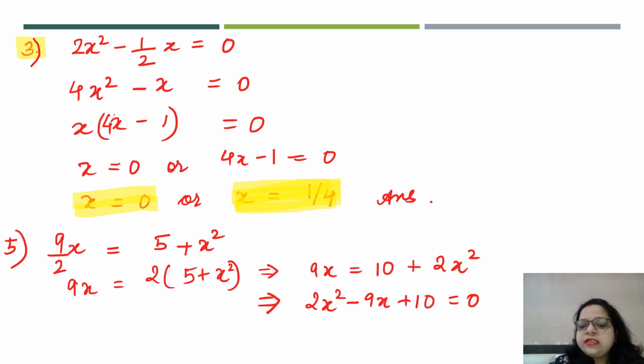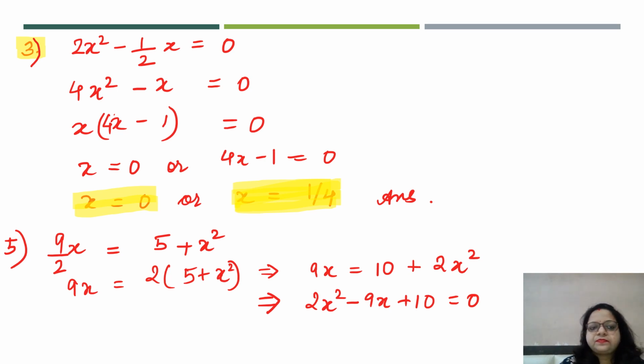Now we will bring all the terms to the left hand side. However, we will change the negative terms into positive. So we will get the answer as 2x square minus 9x plus 10 is equal to 0.